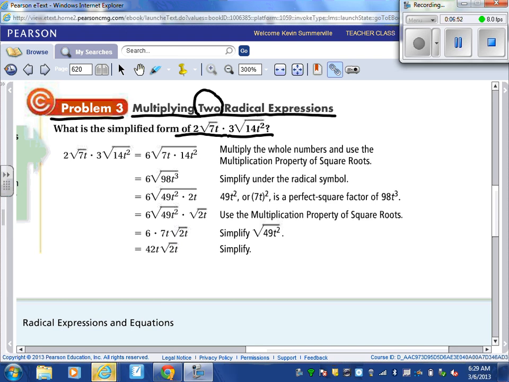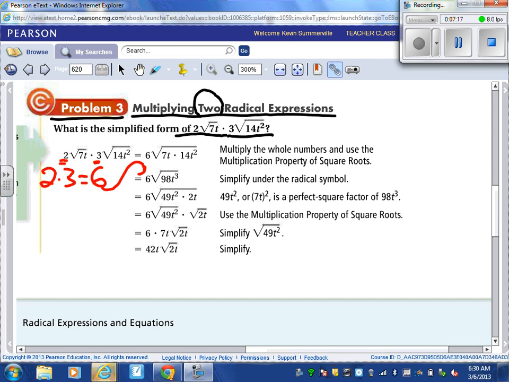I need to take a look at the two numbers outside the square root sign and multiply them together. So that gives us 2 times 3, which gives me the 6 on the outside.